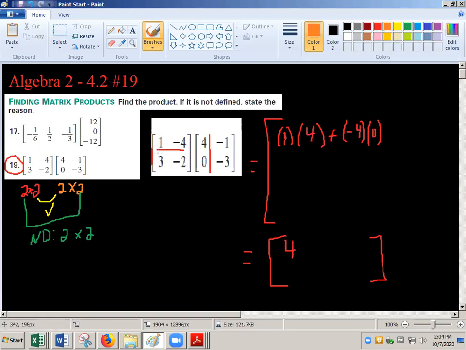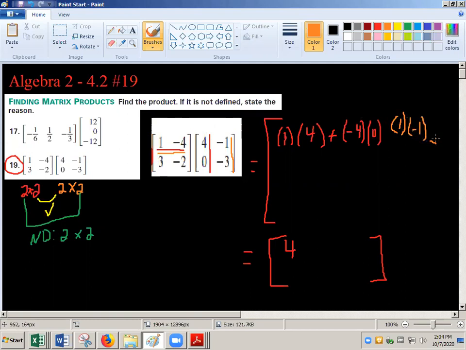For the next one, I'll do it in orange. So we'll do the 1 and the negative 4, times the negative 1 and the 3. You can imagine flipping this thing over to match it up next to the column. So the row flips over to match up next to the column. I have 1 times negative 1. This is where I'm going to really run out of space here.